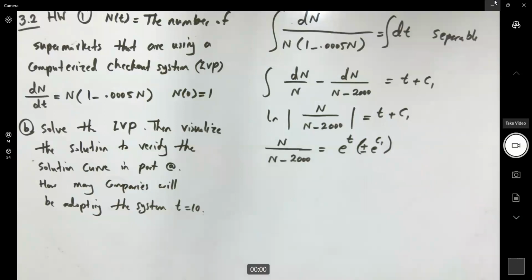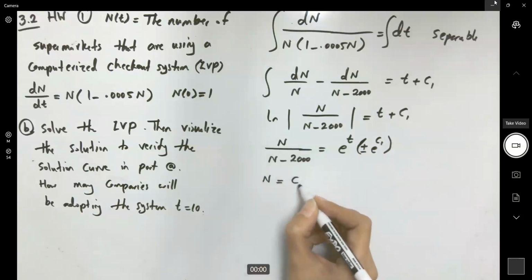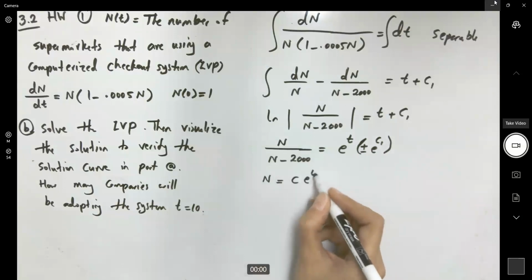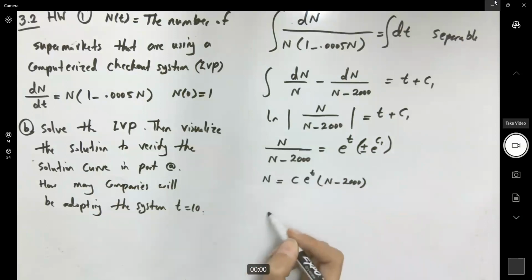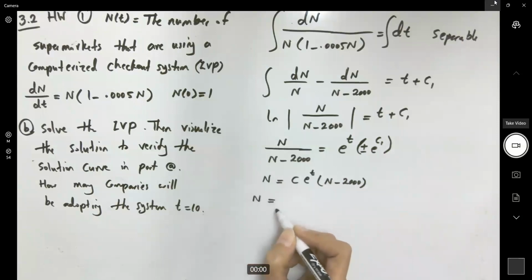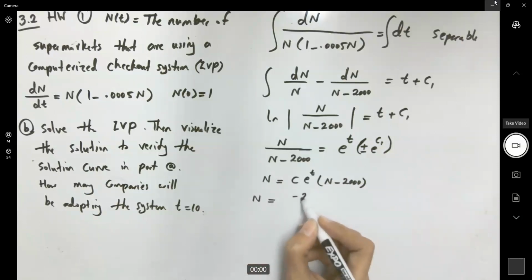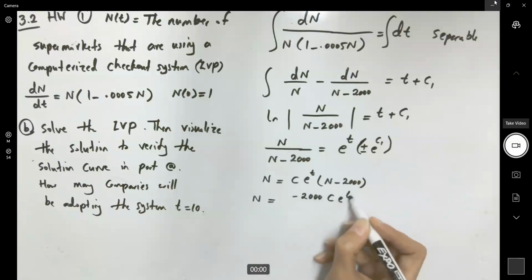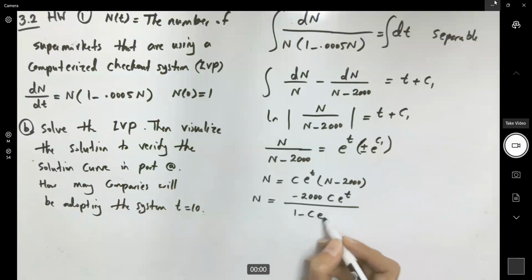So what do we have? We have n equals c e to the t times (n minus 2000). We're trying to isolate n on one side, so you get n equals negative 2000 c e to the t divided by 1 minus c e to the t. So this is the model that we have.